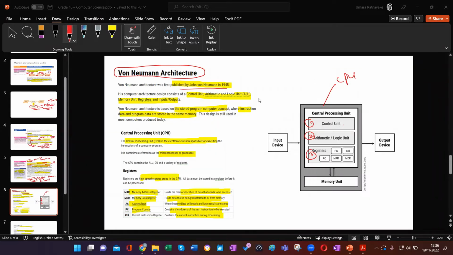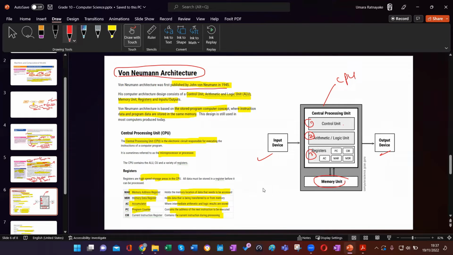Okay. So the input and output are already there. And the new addition was this memory unit. Now, as you can see here, the memory has a double-headed arrow towards the CPU.